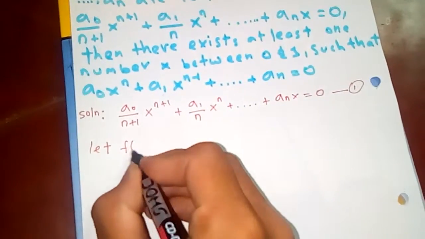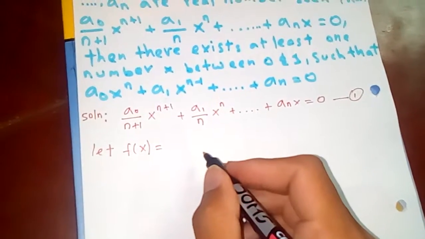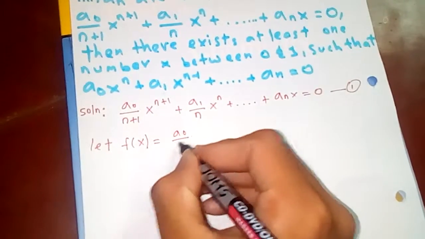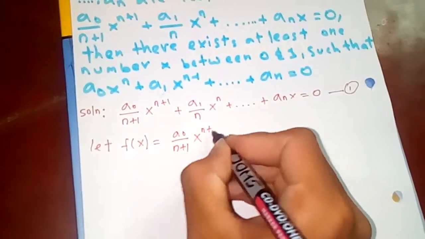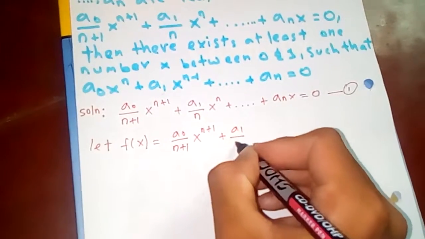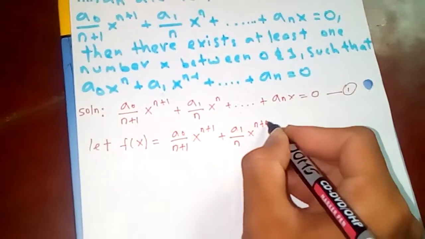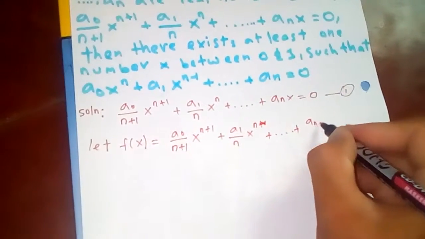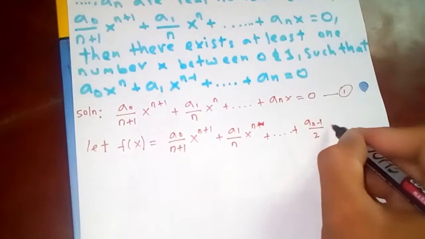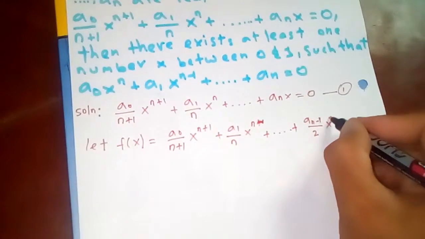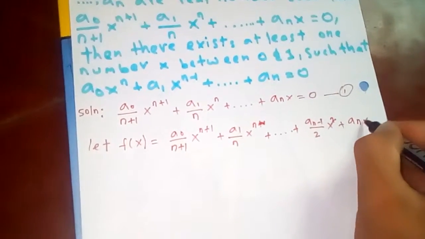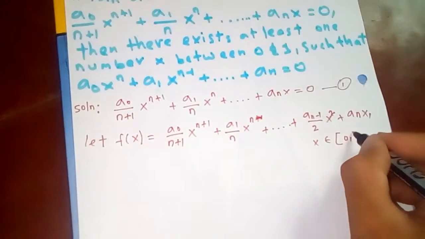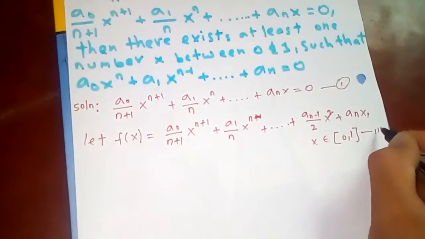Now let f of x be this one, which is a0 over n plus 1 x to the n plus 1 plus a1 over n x to the n plus and so on plus, let me write one more term, a n minus 1 over 2 x square plus an x, such that x belongs to the closed interval 0 and 1. Let's say this is equation 2.